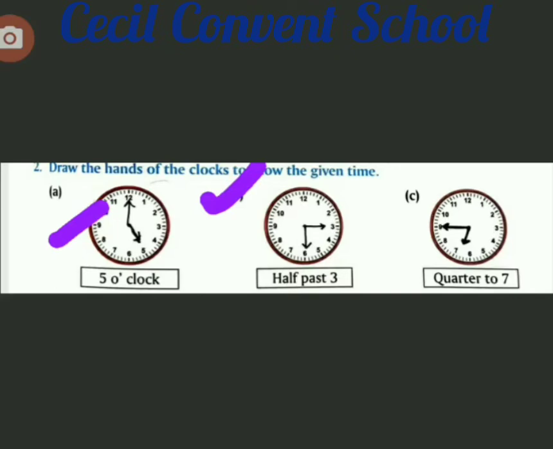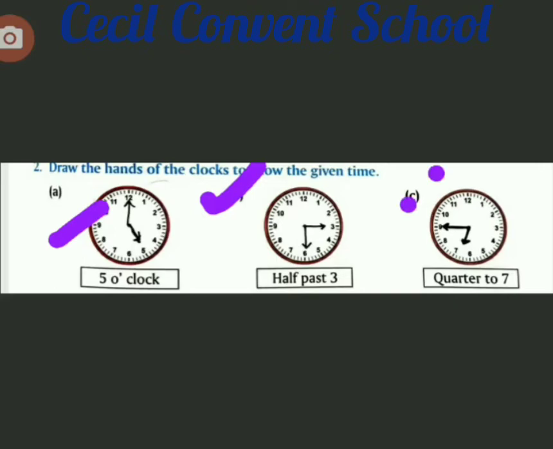Quarter to 7 means, quarter means 15 minutes. When the word "to" is there, it means that the time is not 7 yet, it is going to come to 7, meaning 15 minutes are left to approach 7. So we will write quarter, because 15 minutes are left to become 7.